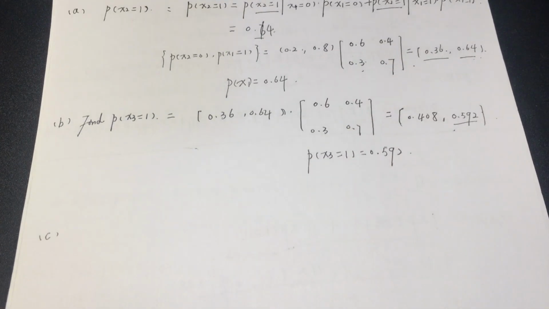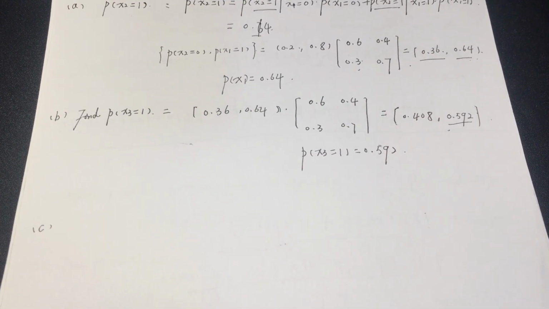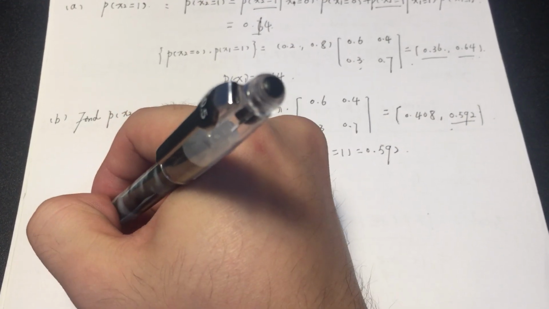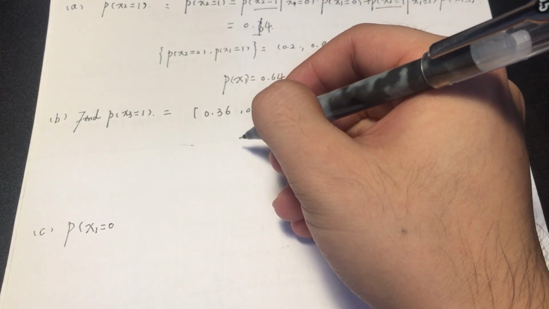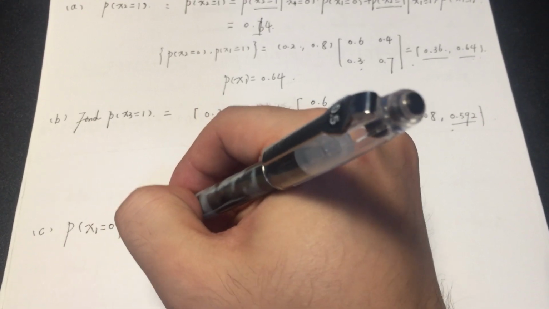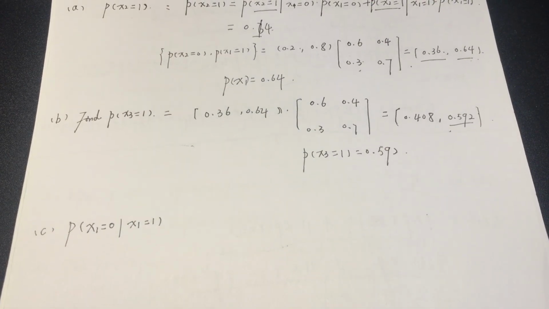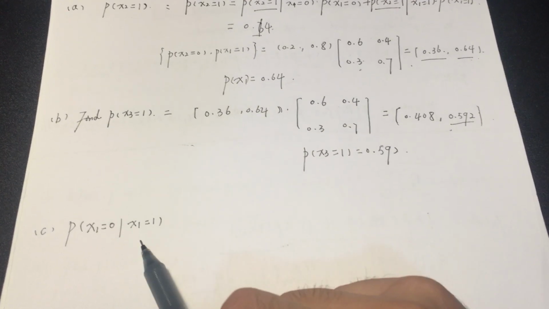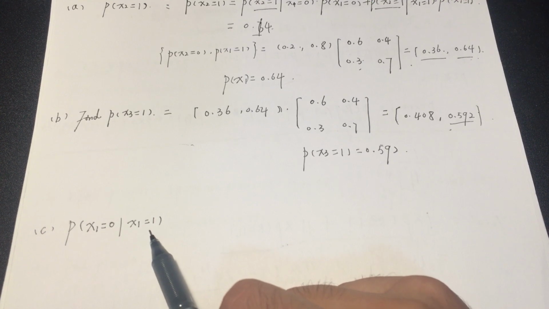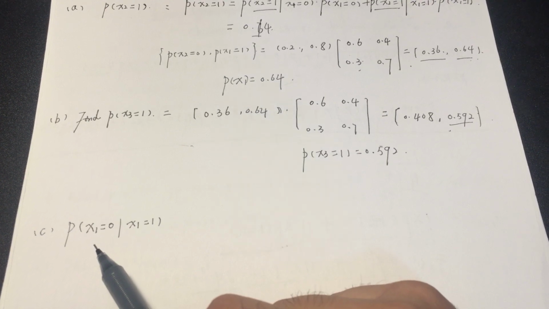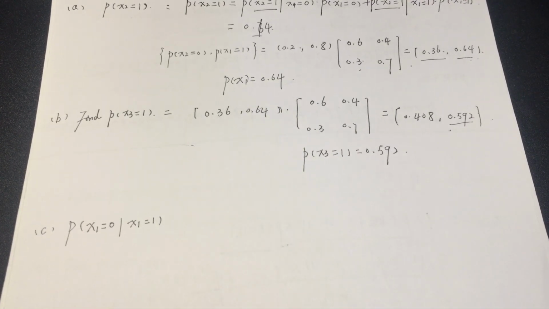In the following question, we are about to calculate the conditional probability of x1 equals 0 under the condition that x3 equals 1. It's like a backward probability. We know that x3 equals 1, and we want to calculate the parent probability, as we can call it.